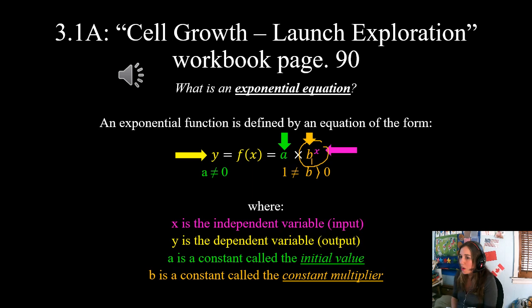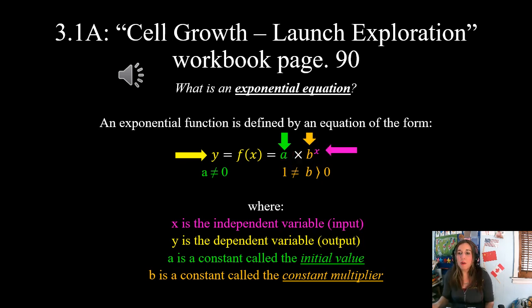It's going to equal 1, right? So that would just make our equation equal to A the whole time. And then we would actually have a line. So it can't be 1, because 1 to the first power is 1. 1 to the second power is 1. 1 to the third power is 1, right? 1 times 1 times 1 is 1. That would make this whole part of the equation equal to 1, which means we're just multiplying our initial value by 1. We're back to a line, okay?